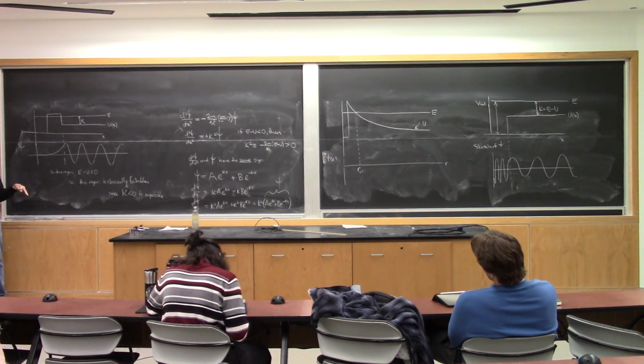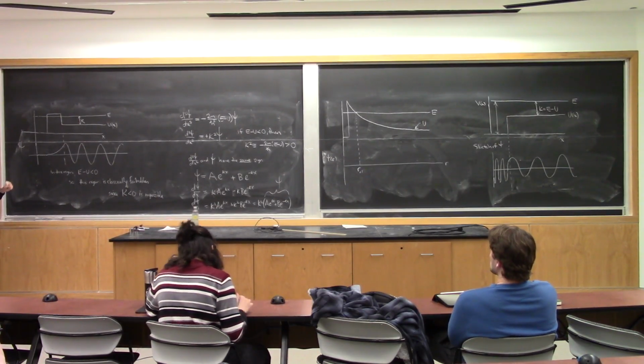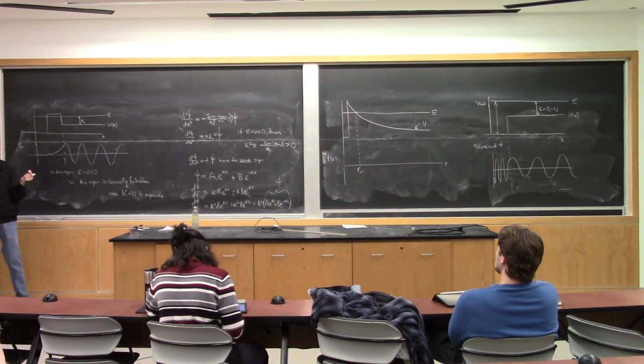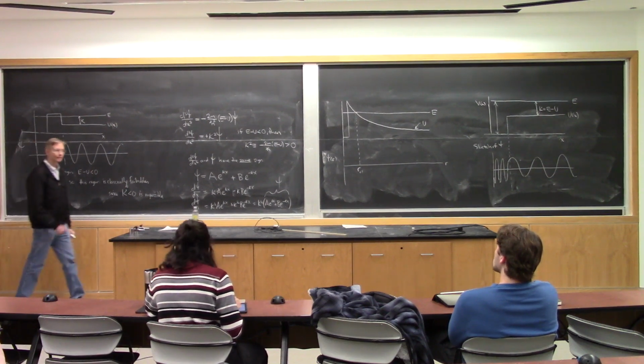Now, it's probabilities. This is quantum probabilities, but in other words, you just might find it there when you open the box and look. You're more likely to find it over here. It's more likely that you'll have found it reflected, but it just might be inside that box when you make your measurement, so to speak.